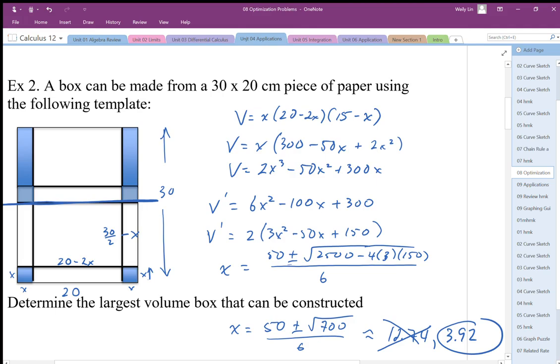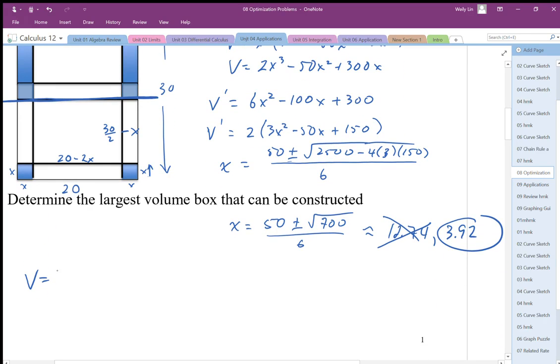If I did this correctly, I'm getting a volume of 528.15. So the volume is 528.15 cubic centimeters. That is the largest volume that can be constructed from that piece of paper.